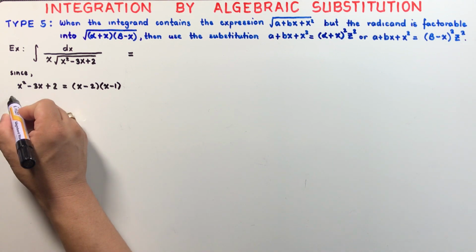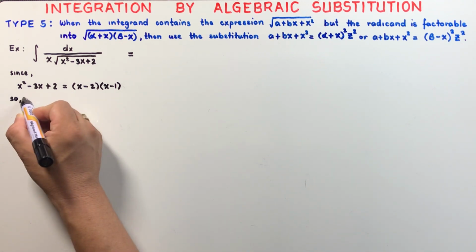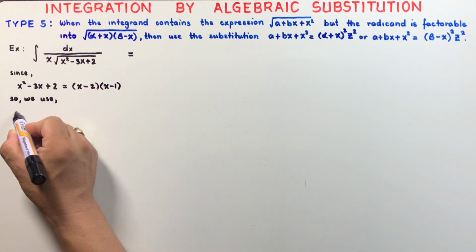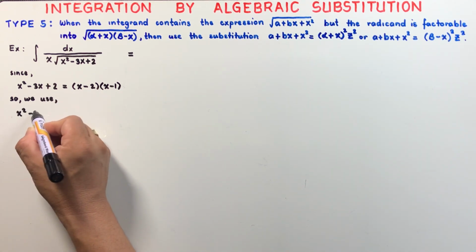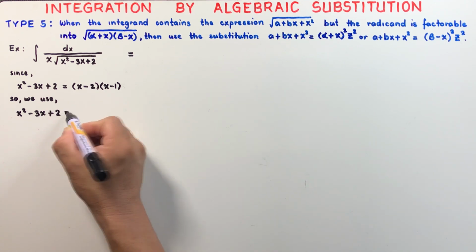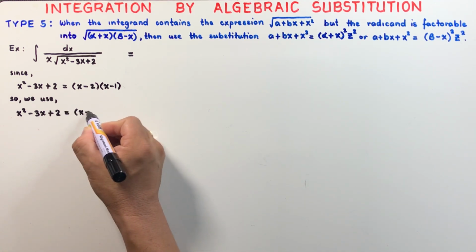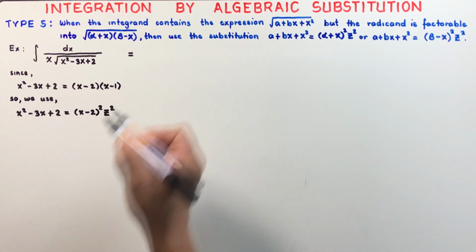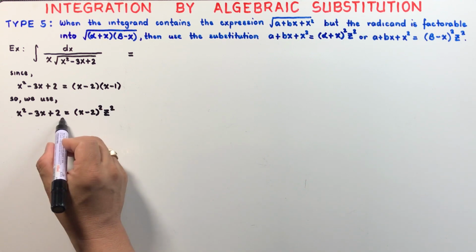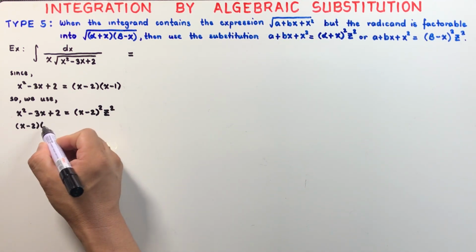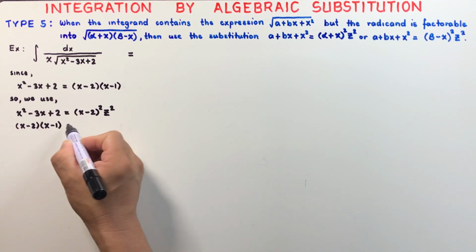And since this quadratic expression is factorable, we use the substitution x squared minus 3x plus 2 is equal to x minus 2 quantity squared times z squared here. And the factors for this are x minus 2 times x minus 1.